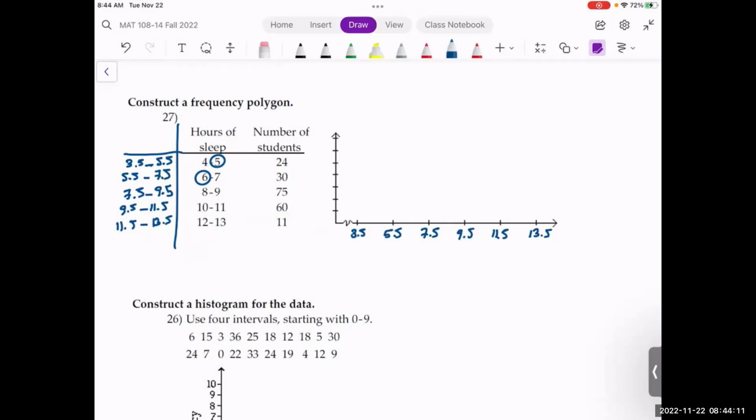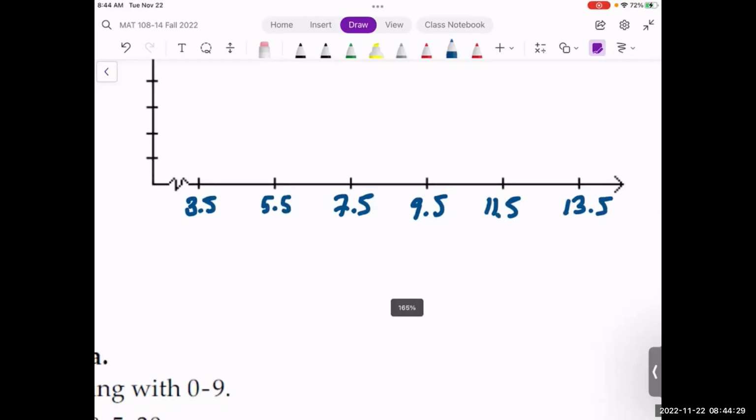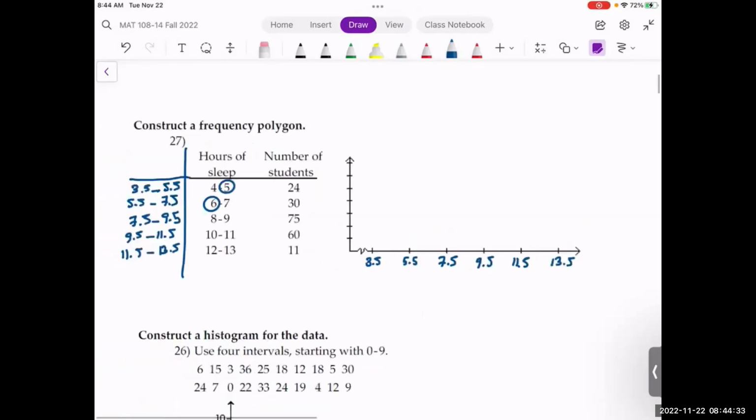This one, 5.5, yeah. All right? Let me do it again. 5.5. That's the number? Okay, so I hope this is clear.